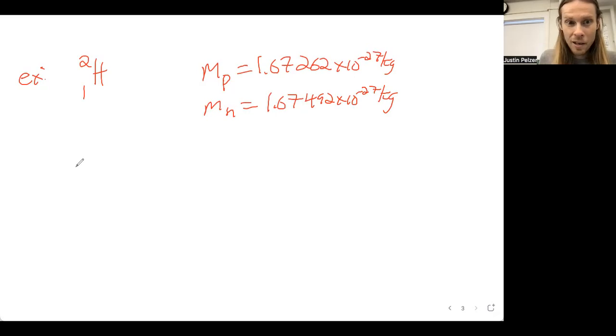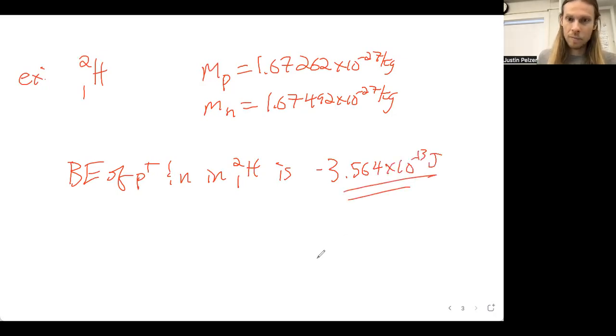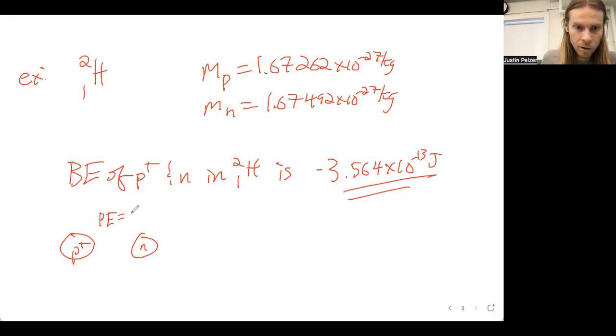If the binding energy of a proton and a neutron in deuterium is, say, negative 3.564 times 10 to the negative 13 joules, meaning you can say here, when they're separated, the potential energy is 0.